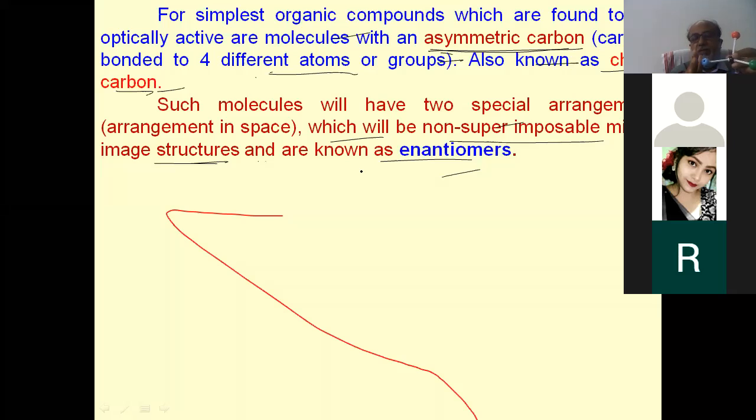Mirror image structure means, if I put a mirror here, another structure comes up. These two structures will not be superimposable on one another. That means green and green, red and red, blue and blue, and pink will not fall on each other.